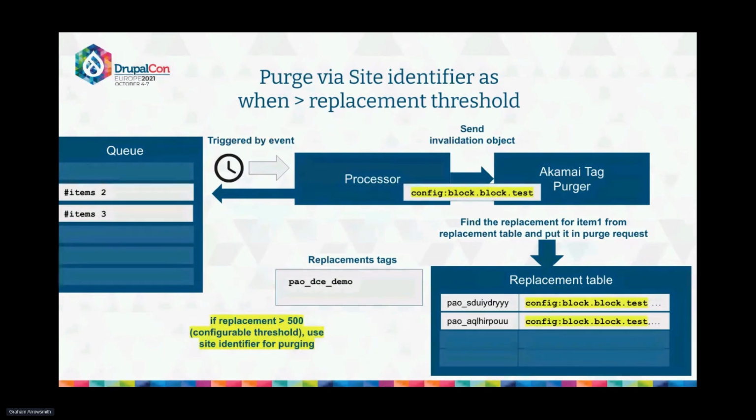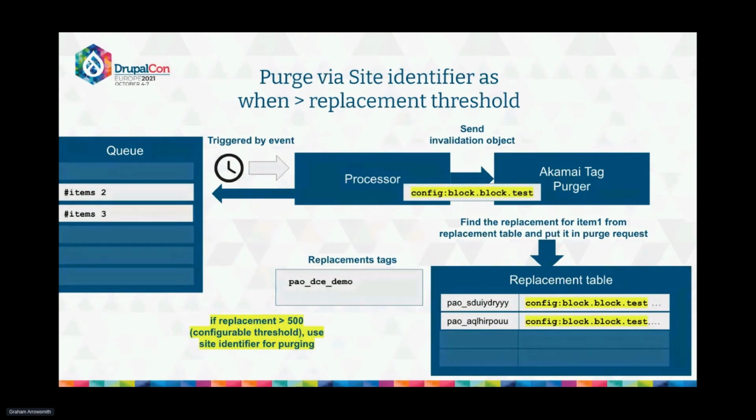We introduced a concept of a replacement threshold, which is a configurable setting whose default value is 500. If we generate more than 500 replacements, then instead of sending them into the queue, we will throw all of them away, and we will just use the site identifier tag, which we used in our previous use case.